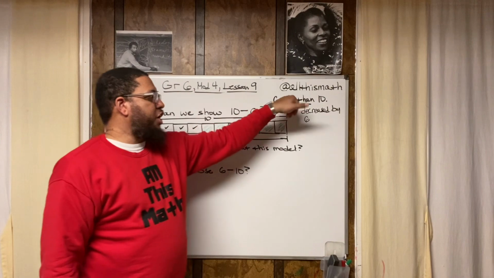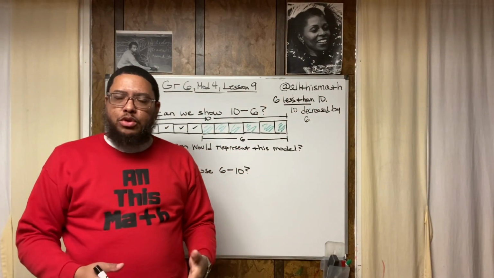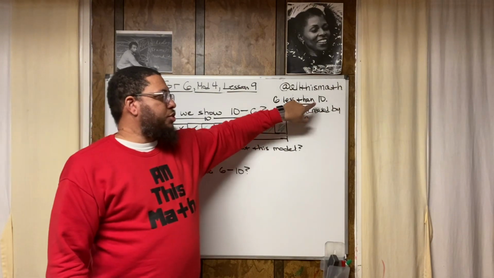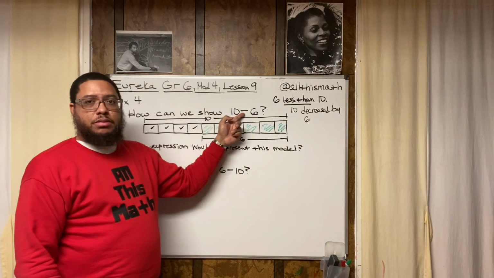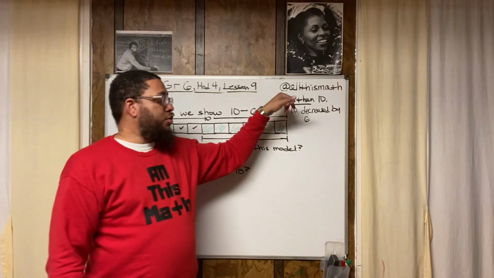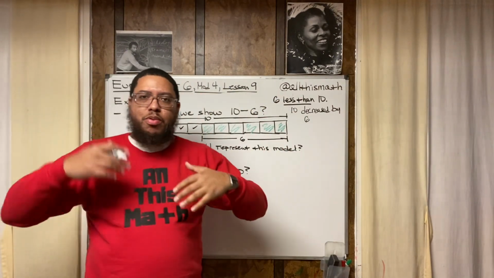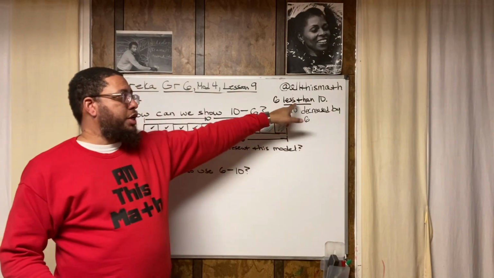But this phrase right here, "less than," is one of the tricky phrases in algebra and in math in general, because it requires you to change the order of the numbers around when you create your mathematical expression. So 6 less than 10 is 10 minus 6. And I'm telling you, you've got to drill this into your head. Memorize it, practice it verbally, write it down a whole bunch of times, because so many students get caught up in this.